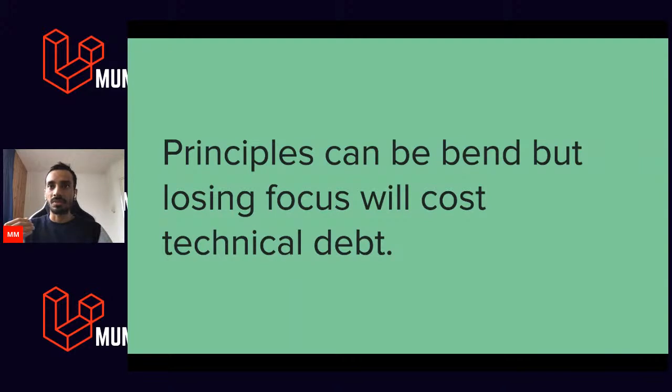The main idea is that the development team is serving the business, not the business serving the development team. Because if we are compromising with the performance, we are compromising with the business and we are compromising with the revenue. So these principles are really important for us, but it should be noted that there should be a space where it can be bent, not altogether thrown away, but bent.